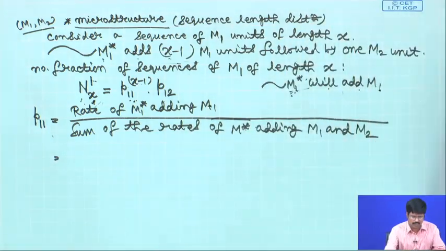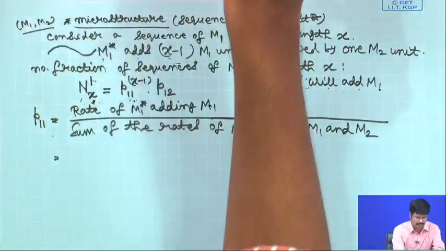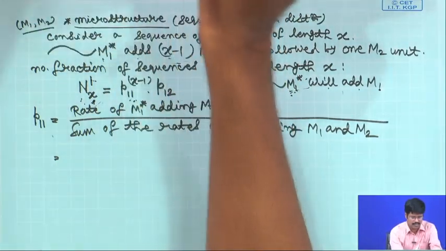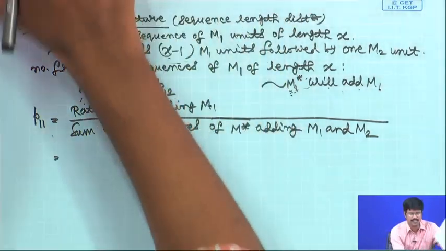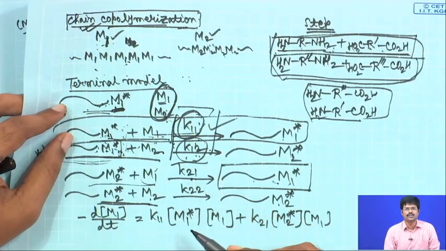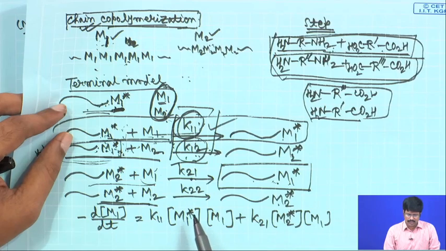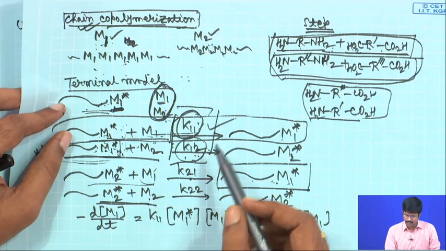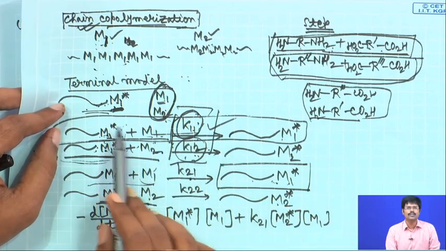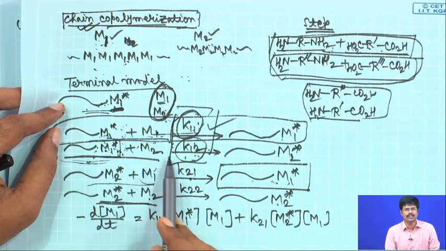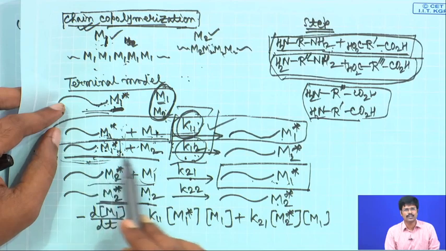If you recall our analysis from the previous class in the chain copolymerization, we had all this sequence of reactions that were present. So, what is the rate of M1 star adding M1, that is K11 into M1 star into M1. What is the rate at which M1 star adds M2, that is K12 into M1 star into M2.